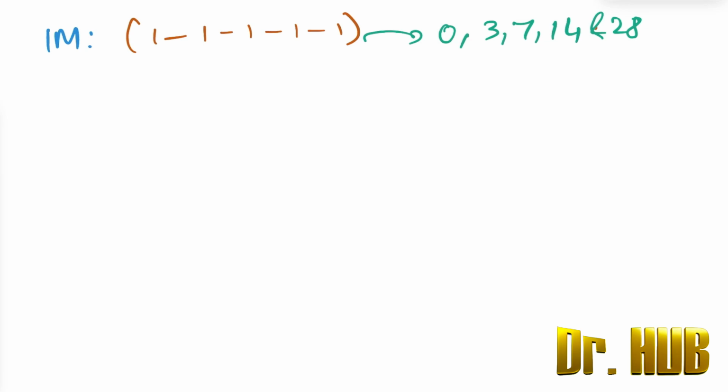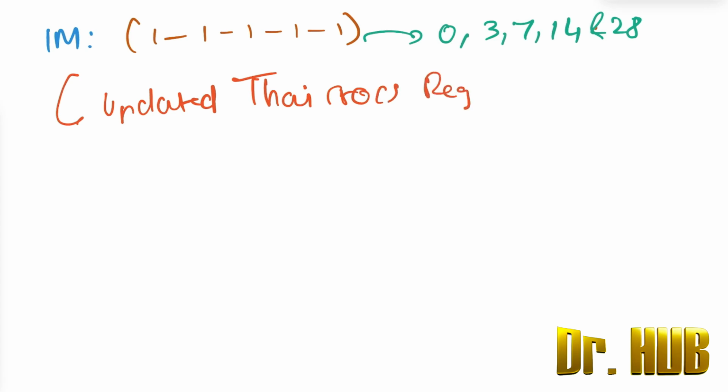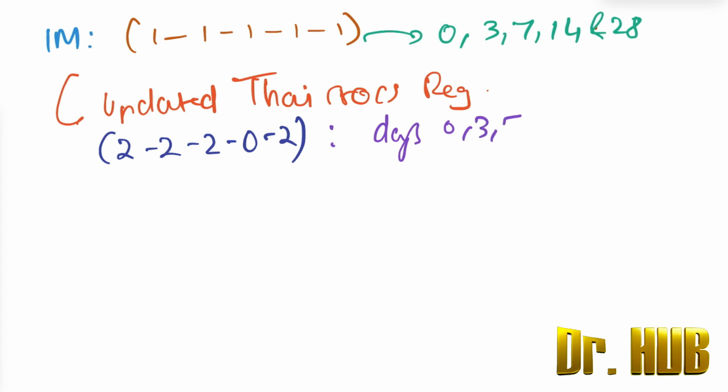Or there is an updated thigh cross regimen, which indicates 2, 2, 2, 0 and 2, administered on days 0, 3, 7 and 28, and it will be given on two sites.